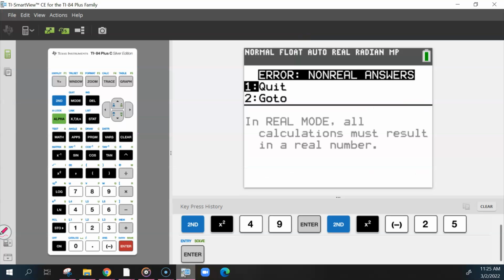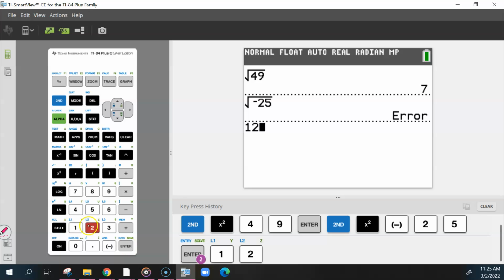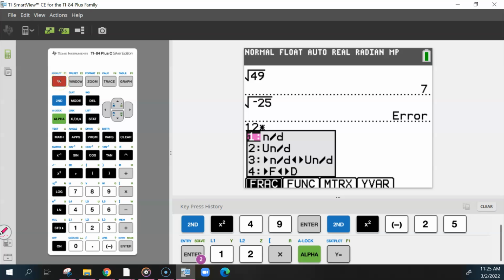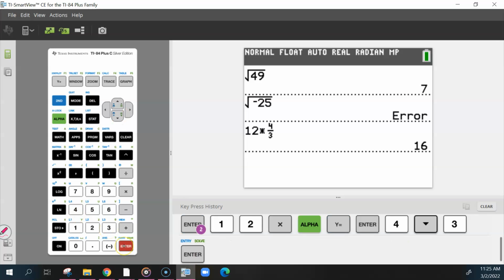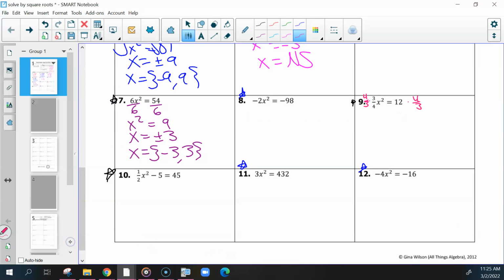Just in case you don't remember, in your calculator, if I do 12 times and then put alpha y equals to get my fraction bar, the first one, then I can put in 4 over 3 to get my answer. So x squared, bless you, equals 16. Take the square root of both sides. And x equals plus or minus 4. So negative 4 and 4.